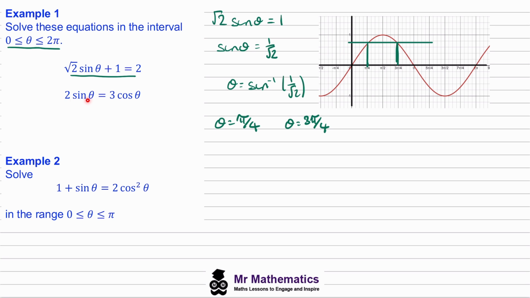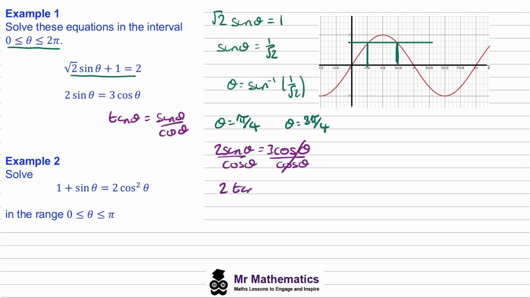If we work through this one together, well, we know that tan theta is sine theta over cos theta. So if we divide both sides by cos theta, then these two will cancel, and we're left with 2 tan theta will equal 3. So tan theta will equal 3 over 2.